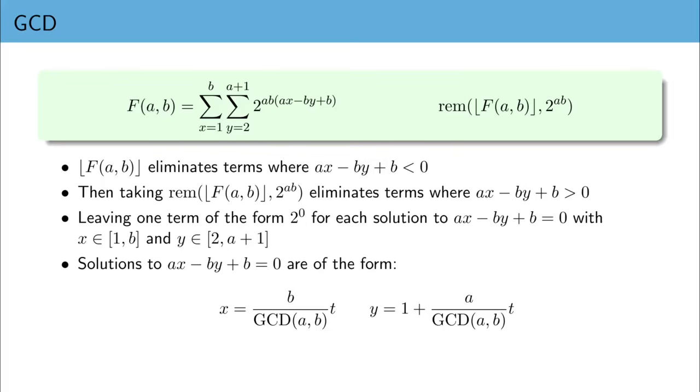And since this formula here counts the number of solutions, the number of times ax minus by plus b is equal to 0 in this particular range, this formula gives us the GCD of a and b. So if we take our generatable closed form for f of ab and plug it in here, we're going to get a generatable expression for the GCD of a and b.